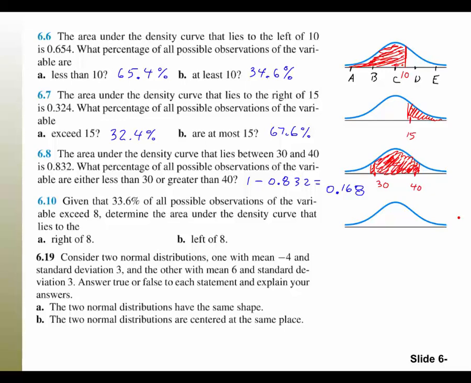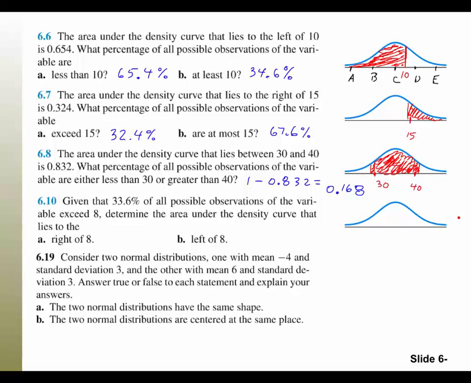Question? I have a question on 6.8. Isn't it nearly impossible to tell which side of the 30 or 40 the majority of the 16.8 lies? So it'd be hard to plot that. But we're saying it's really about what lies between 30 and 40, right?